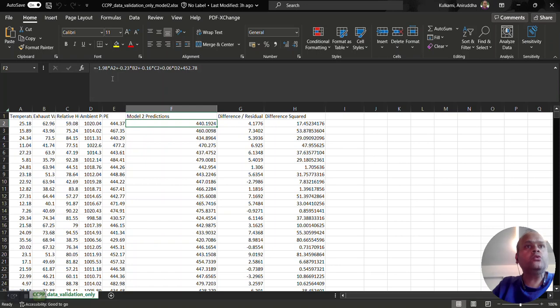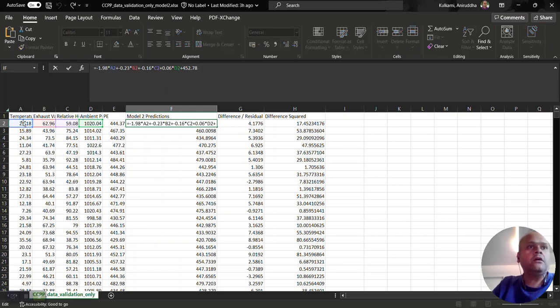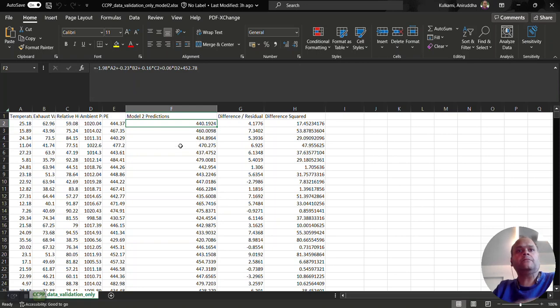Now model 2 uses A2, B2, C2, and D2, four input features, and multiplies each of them by a different coefficient, which are the coefficient values we obtained during training. And that's basically the linear regression formula. And it obtains these values.